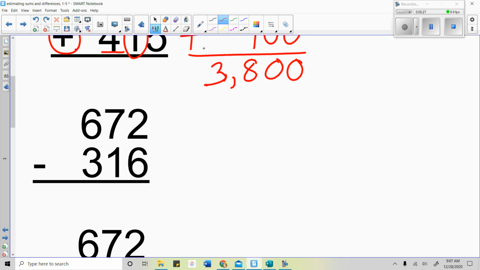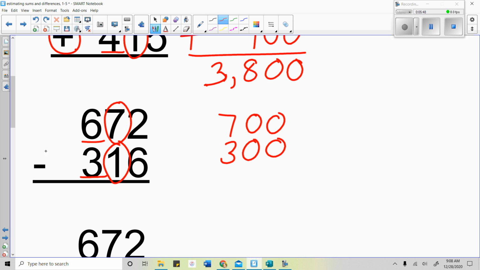Okay, going to the next one. Copy it down. I want you to pause the video, underline, circle, round, go all the way through solving, and then unpause it and see how you did. You should have underlined and circled your hundreds places. The first one rounds to 700. The second one rounds to 300.